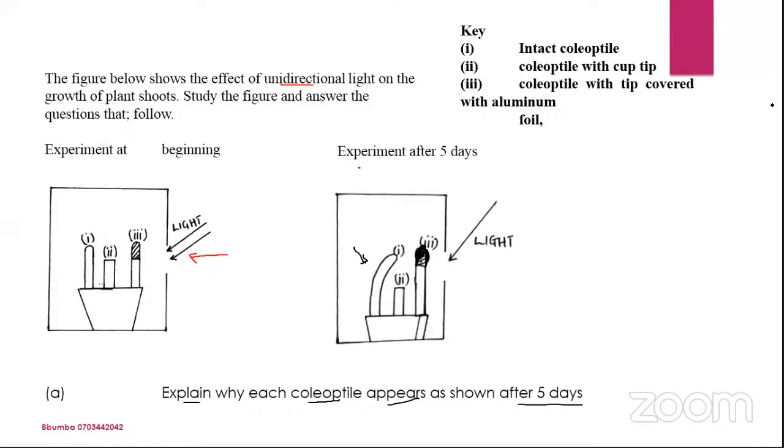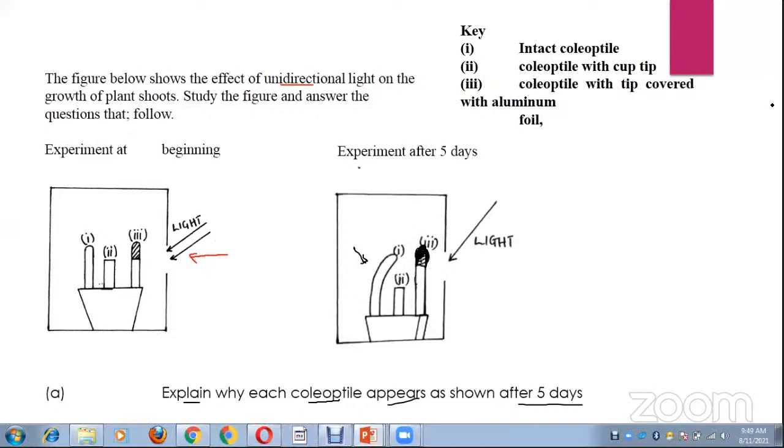I don't know how to say it, but when light comes on it, because auxins are on the tip of the plant, it causes it to bend. Because earlier you said auxins don't like light.